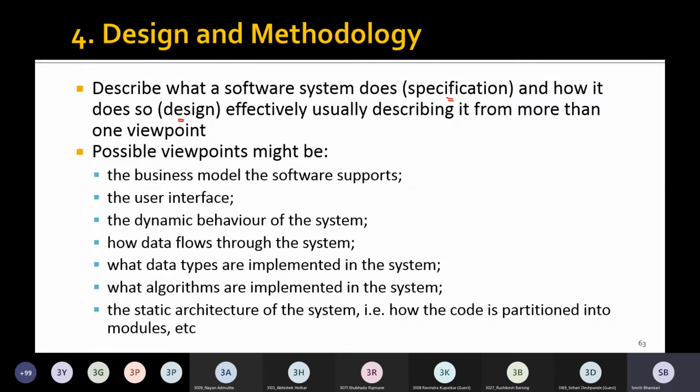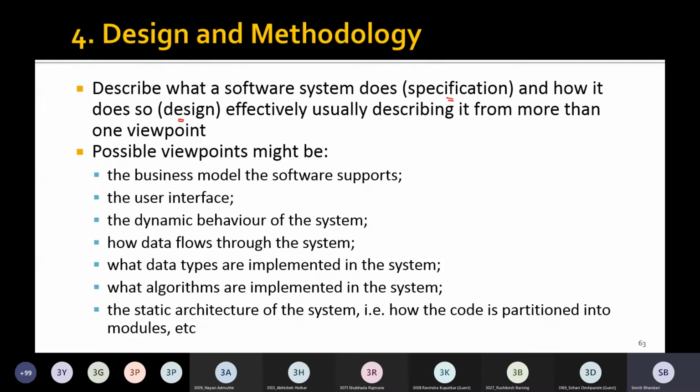I'll repeat once again: the business model, the software supports, the user interface, how it will look, what are the functionalities you are providing, the dynamic behavior of the system, so how your system behaves with respect to some changing events, how data flows through the system, right?